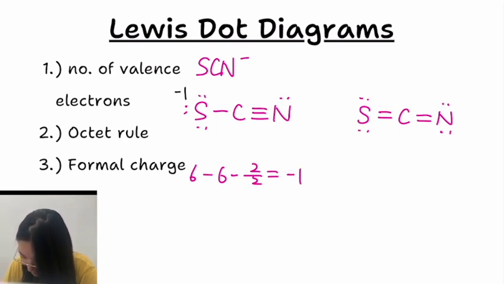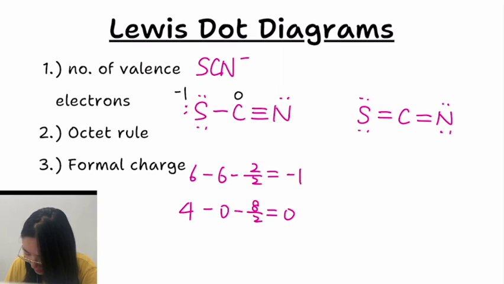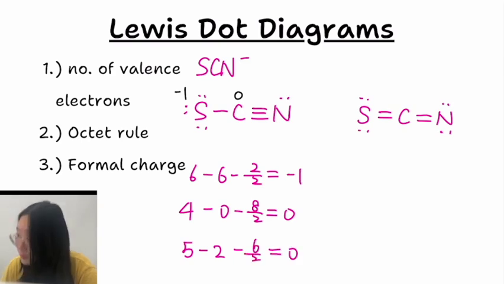And the carbon, that is the number of valence electrons, 4, minus the number of lone pair electrons, 0, minus the number of bonding pair electrons over 2, so it is equal to 0. The nitrogen has a valence electron count of 5, lone pair electrons of 2, bonding pair electrons 6 over 2, so that is equal to 0. So it's negative 1, 0, 0 for this one.